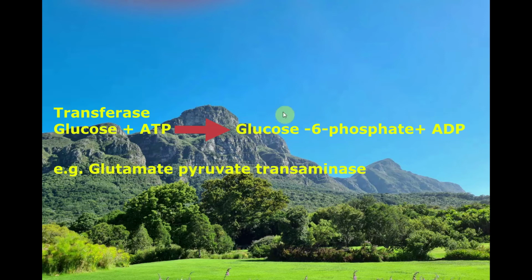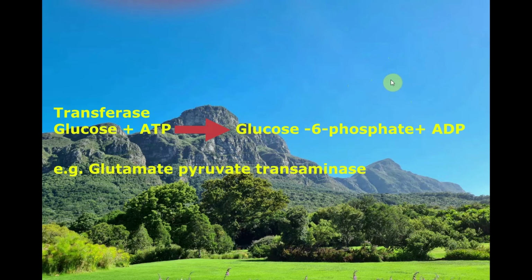See here, glucose plus ATP, catalyzed by glucokinase, produces glucose 6-phosphate plus ADP. Here the group is transferred: one phosphate group is taken from ATP and given to the glucose, and glucose 6-phosphate is formed.